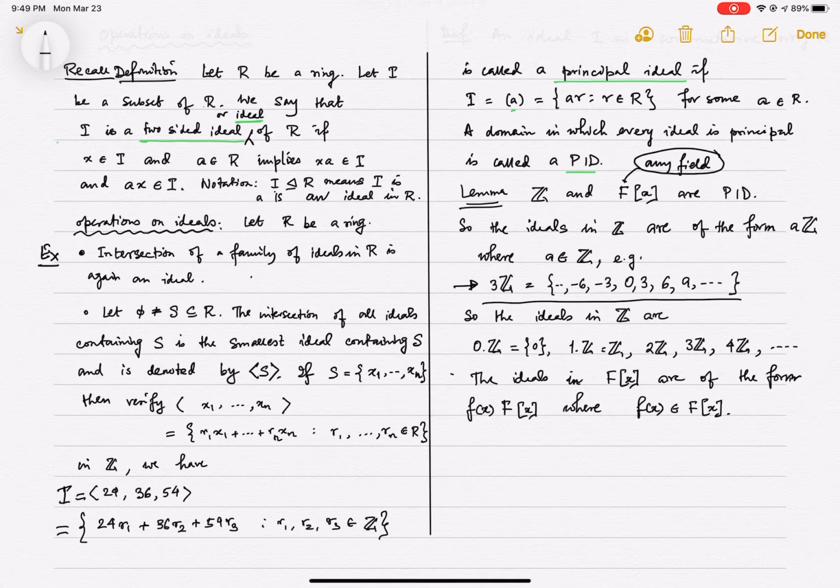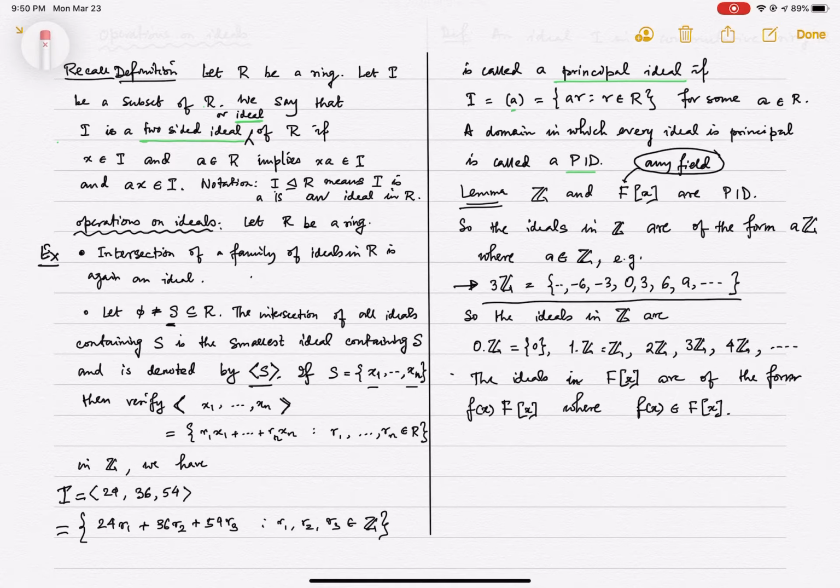Now what that allows you to do is that if you give me any subset S of the ring, then I could take all the ideals containing it and intersect them all, and that's going to be the smallest ideal that contains this S, and that thing is denoted by angle bracket S. In particular, if S is just a finite set of elements x1, x2, ..., xn, then this ideal is generated by angle bracket x1, x2, ..., xn. So instead of writing angle bracket around the set, we drop the parenthesis.